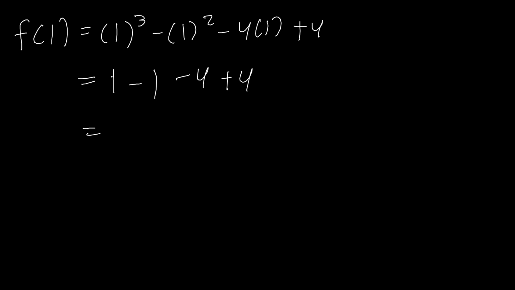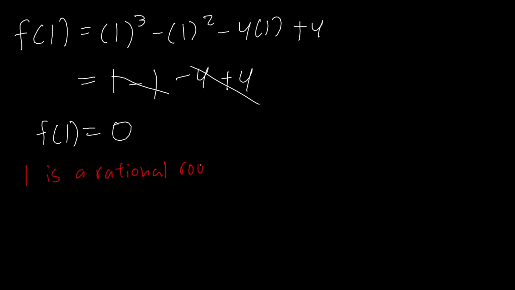Now we can cancel 1 minus 1 and negative 4 plus 4 because those just equate to 0. So now we can conclude that 1 is a rational root of this polynomial function. Now we just have to find one more positive root.